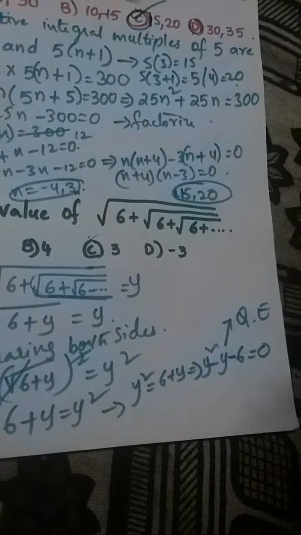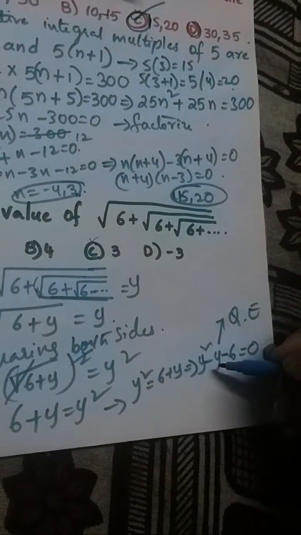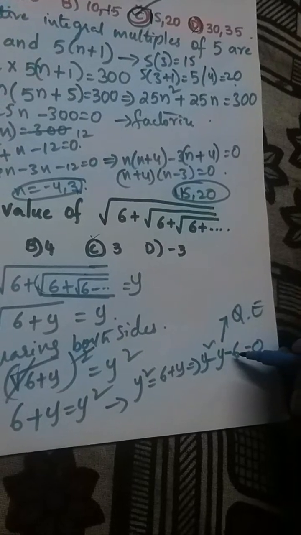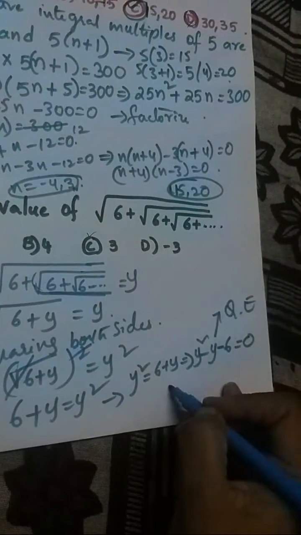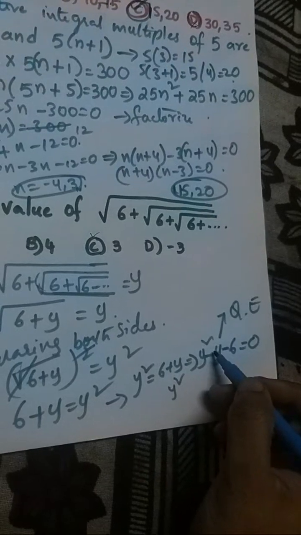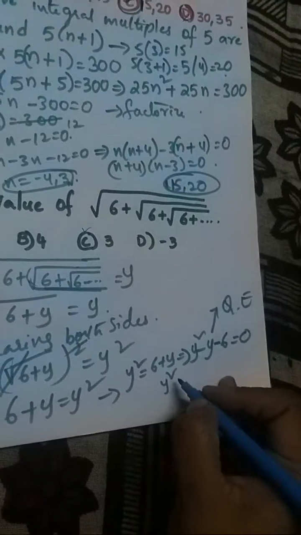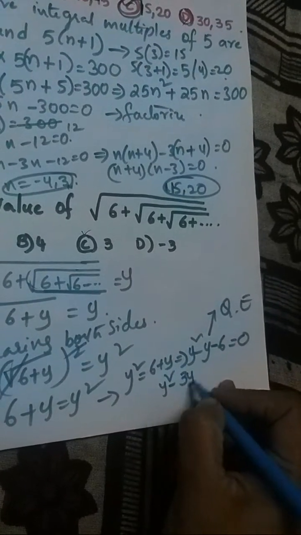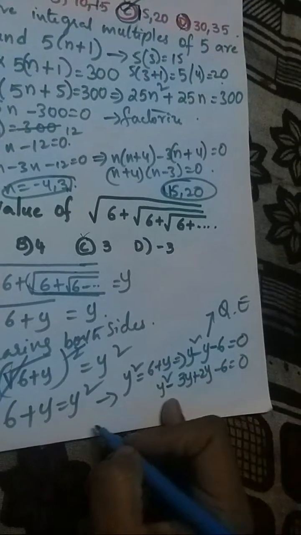This is a quadratic equation. Now what do we have to do? We have to find the factors. After finding factors, we take the positive value. So for y square minus y minus 6, we split the middle term: 3 times 2 is 6. 3y plus 2y minus 6 equals 0.